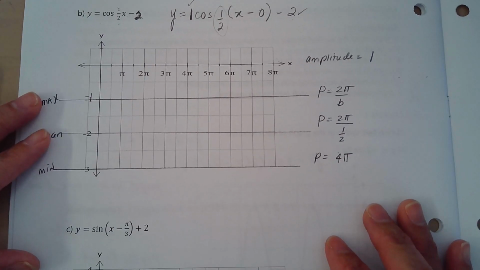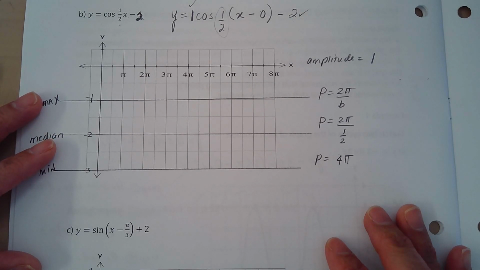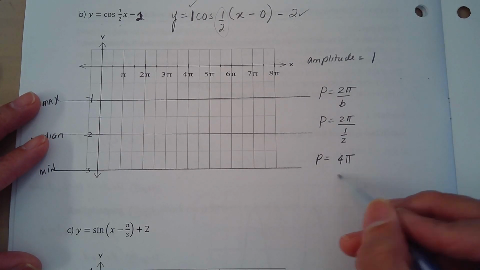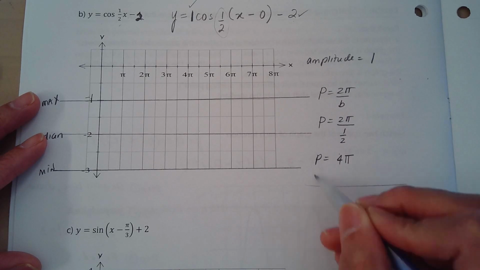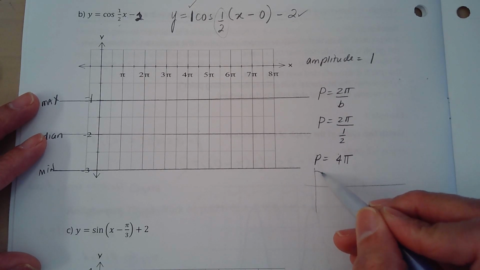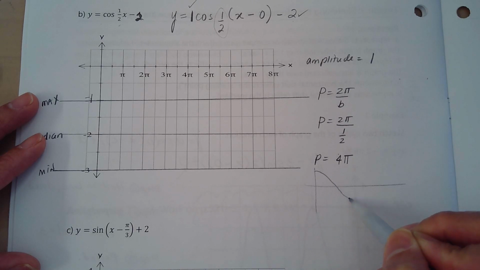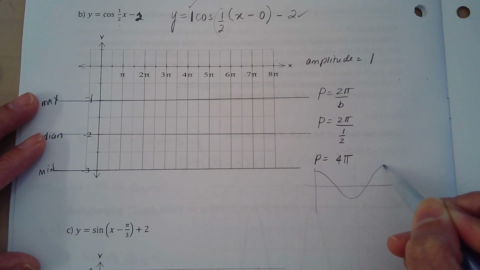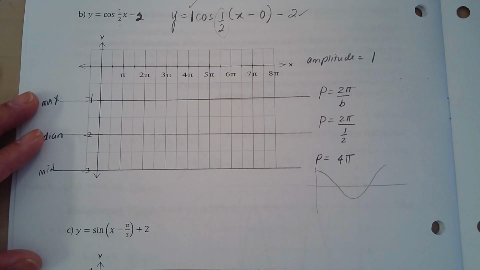Okay, now let's go back. What does a cosine look like? Cosine looks like, up, it goes like that, right? That's what cosine looks like.